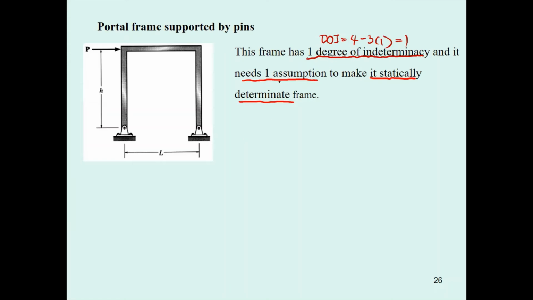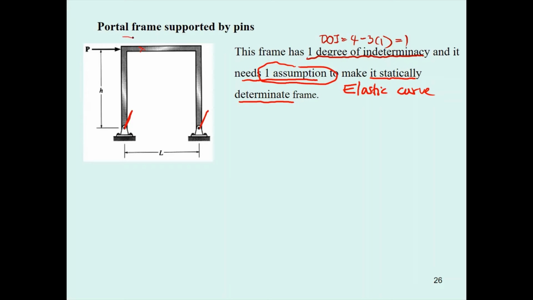So how are we going to find the assumption? You have to go to the elastic curve. Okay, the elastic curve will show you how the structure deforms under the load. For this one, the pin can rotate like this. It cannot move horizontally or vertically. This point must move somewhere over here.